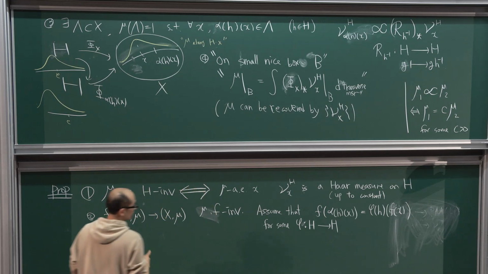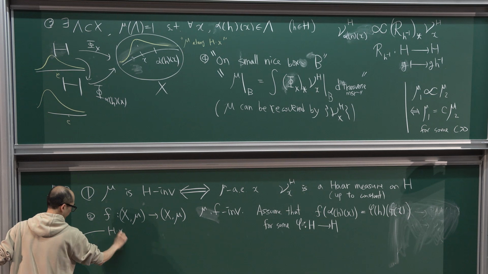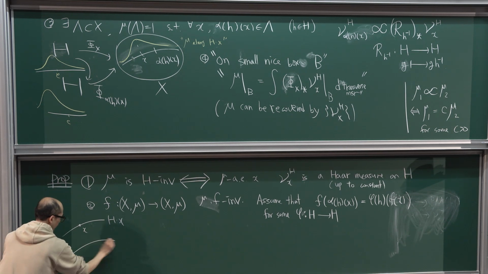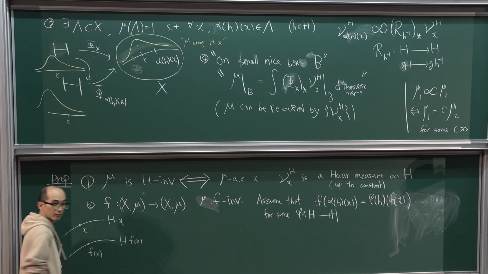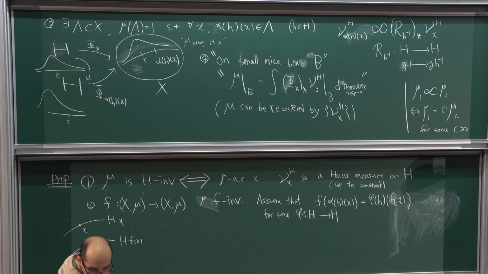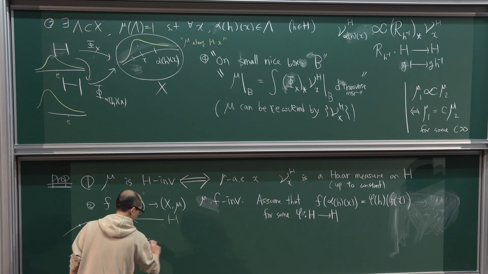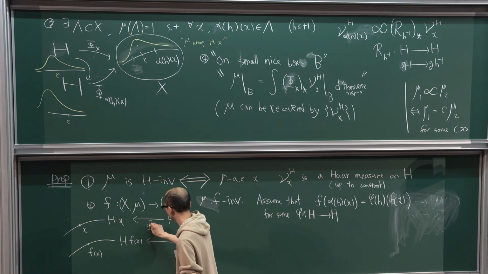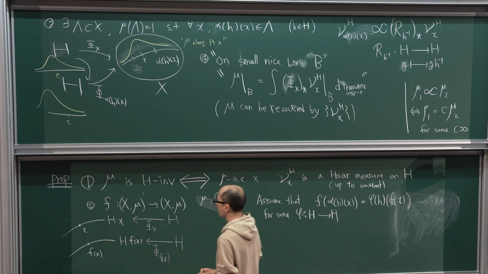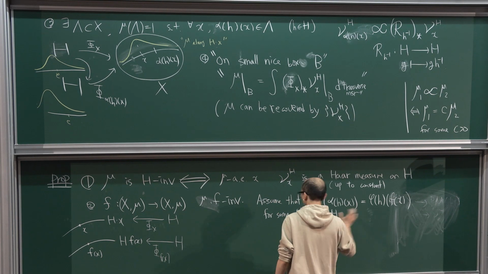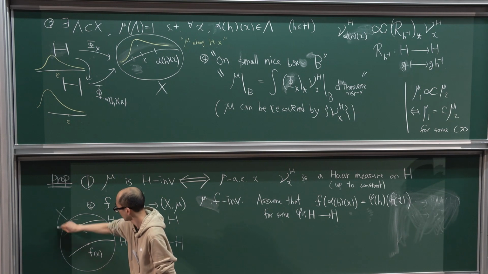So now what does this mean? I have an H orbit on here, and I have f of x and the H orbit of f of x, right? But now, what this means is that if you go to H, and this is phi of x, phi of f of x, then this really means that this is the dynamics on x, right?